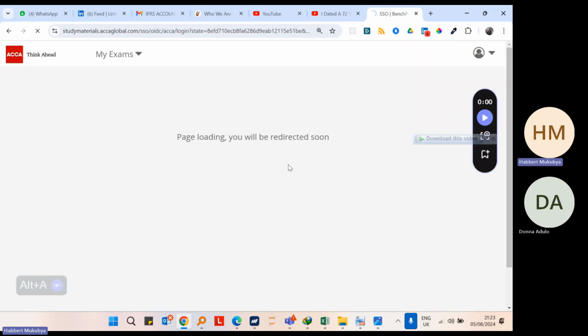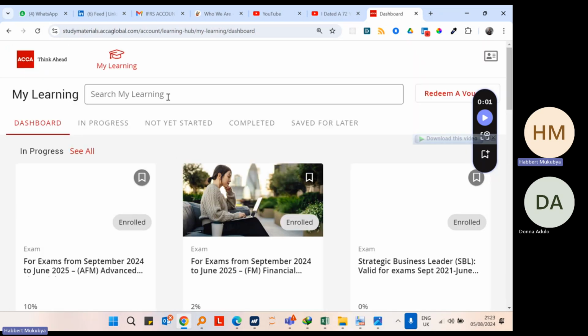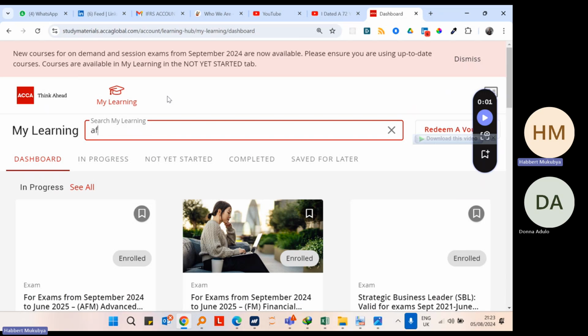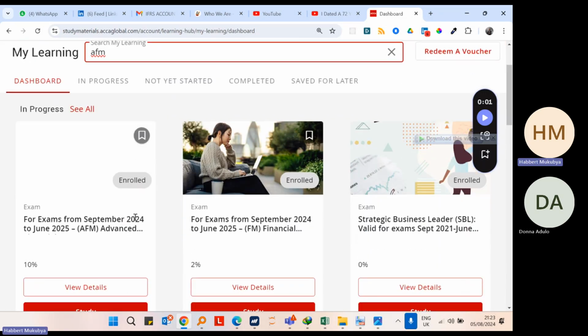Okay, so you see the page is loading, and when it loads, depending on whether you have put it there, if you haven't, you won't see it in the dashboard, but you can just search here, AFM. And you get the one of September 2024, because it may still have the other ones of June and March.